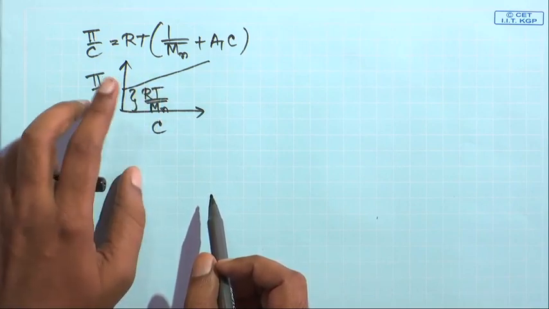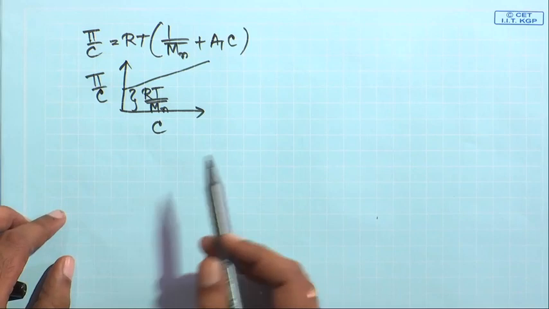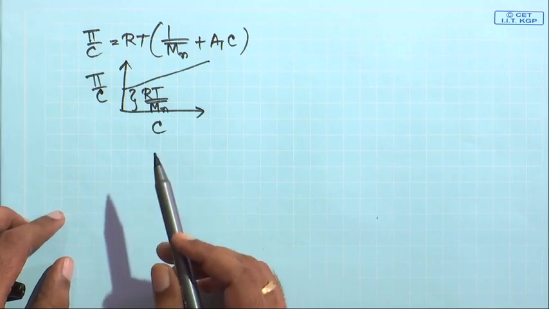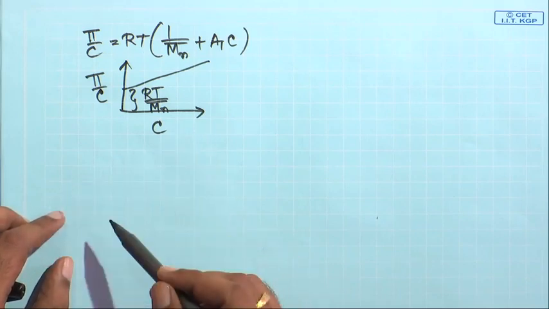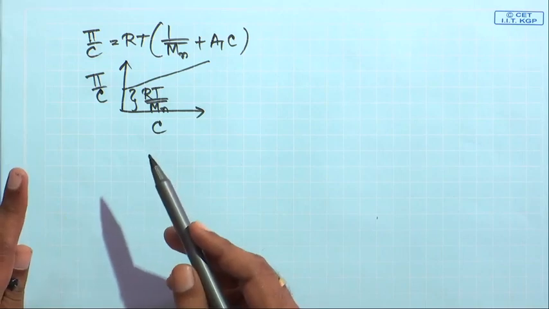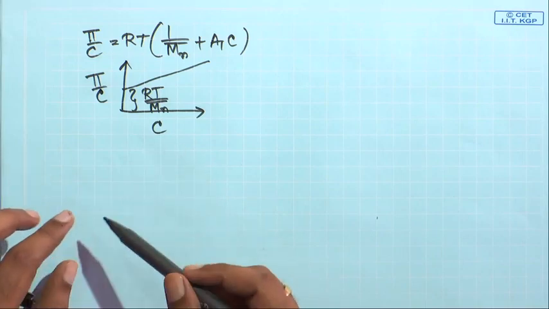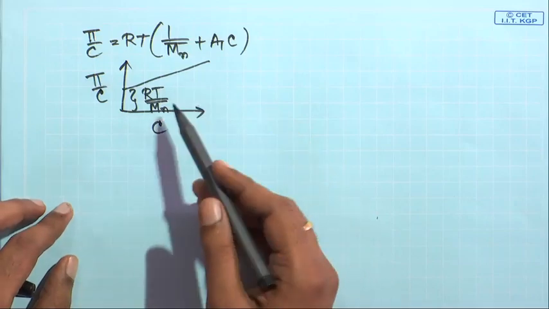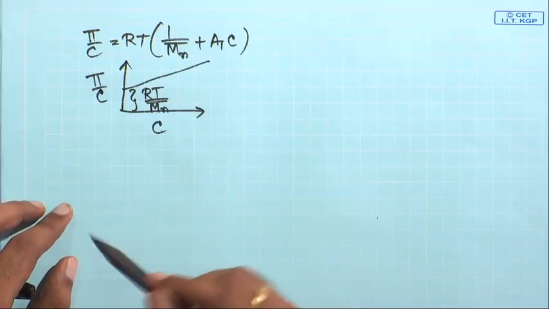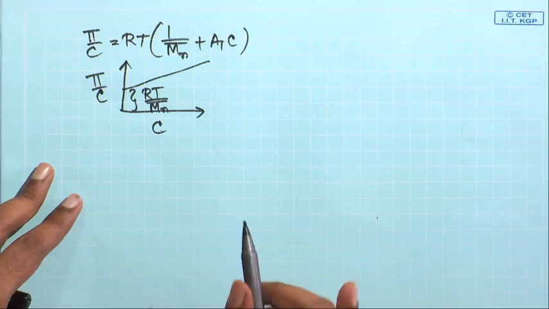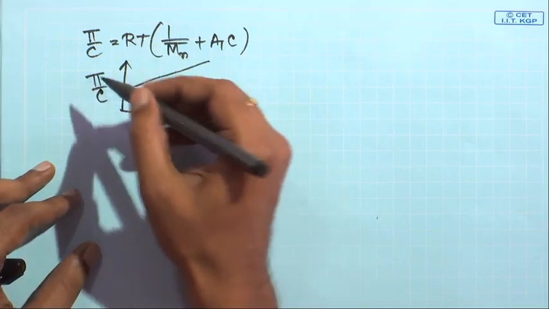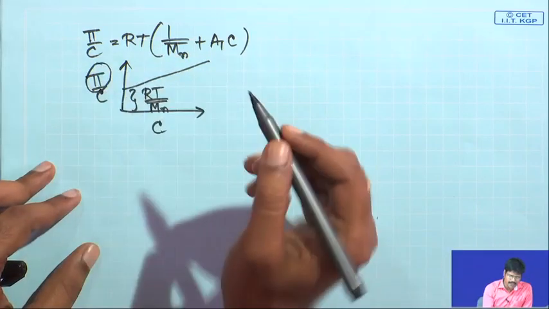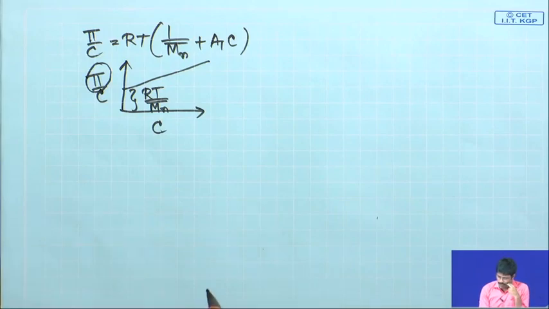And as you can see, it is an absolute method, because you do not need to create a calibration curve, for example, with a polymer of known molecular weight. So you can directly put the polymer of unknown molecular weight and determine the value of Mn here. Now, the question remains how to determine this value of pi.